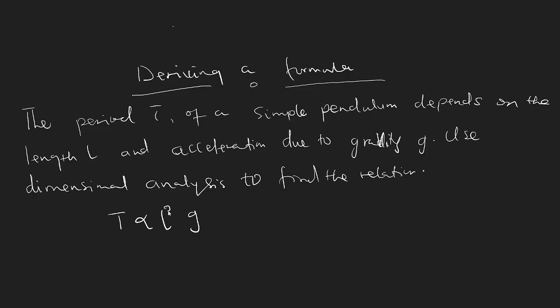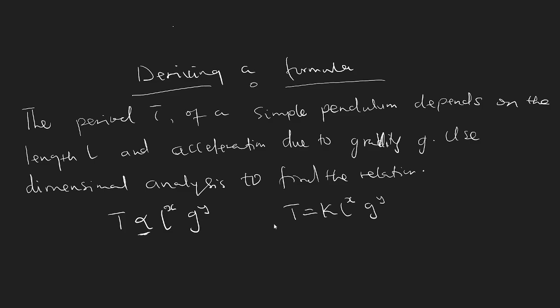So let's say we represent them with x and y. At this point, to remove this proportionality sign, we need to introduce a constant. So this is going to give us T equals k L^x g^y.